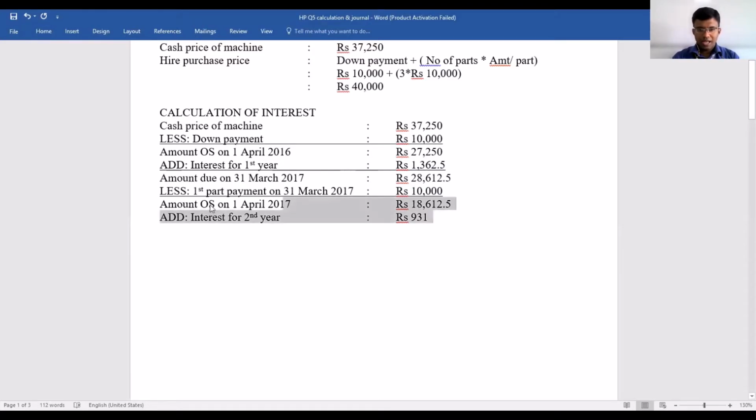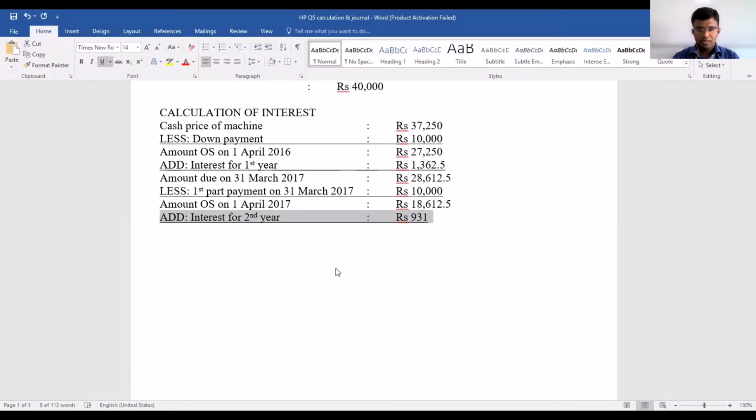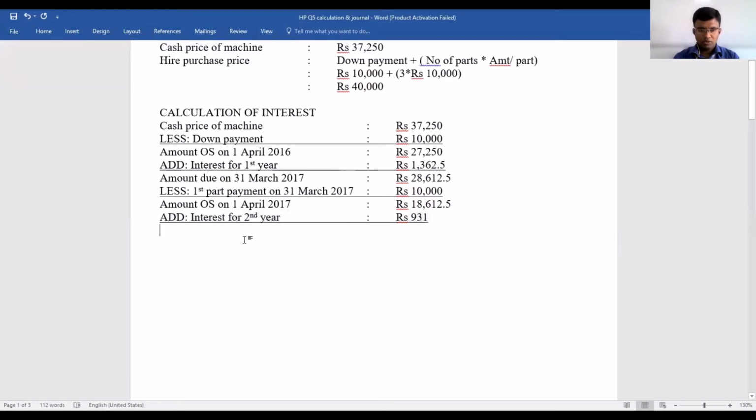Okay. So when you add the interest to this particular amount, please remember what you would be getting is the amount due on 31st March 2018.